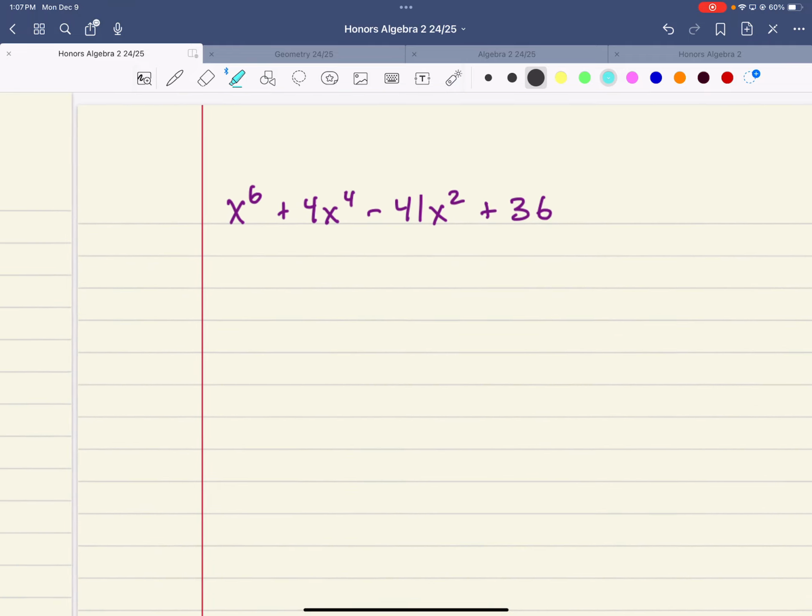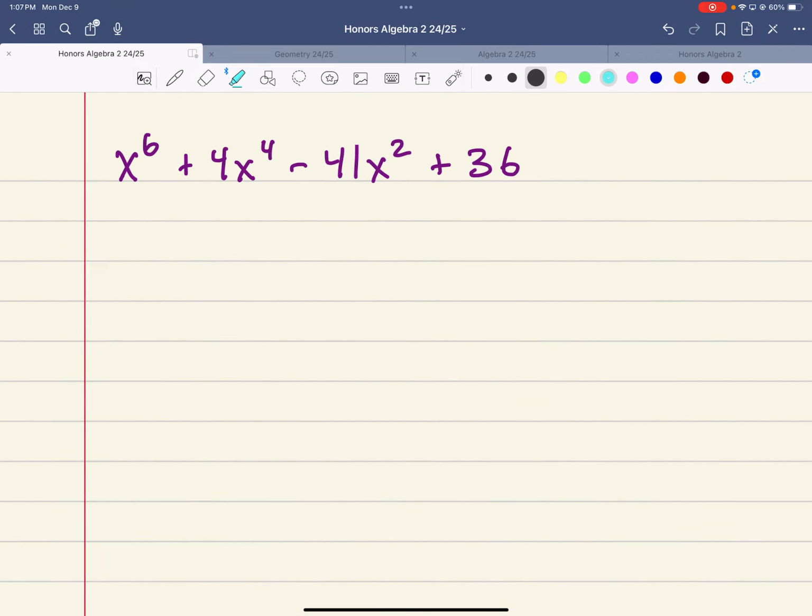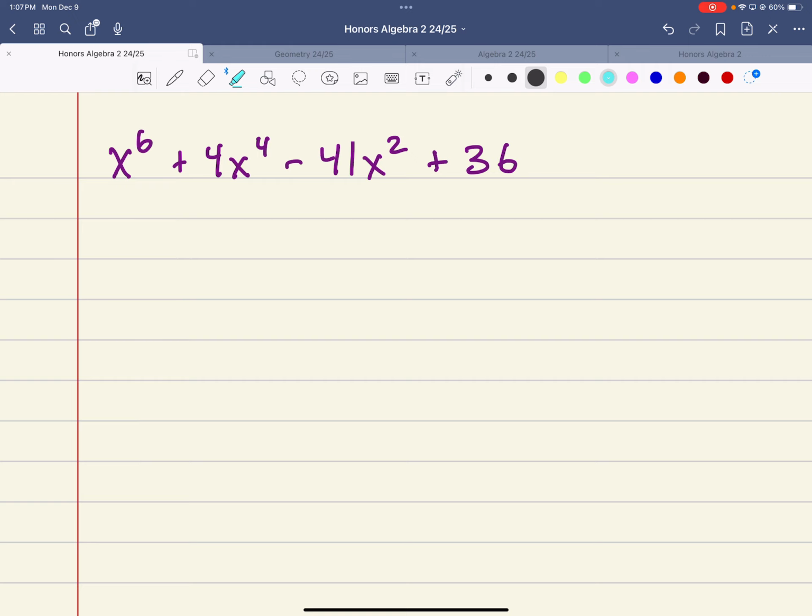Oh, a really good one. So we've got x to the 6th plus 4x to the 4th minus 41x squared plus 36.